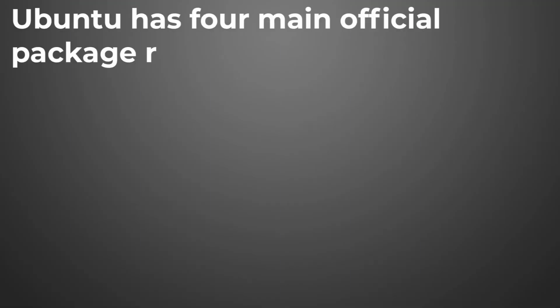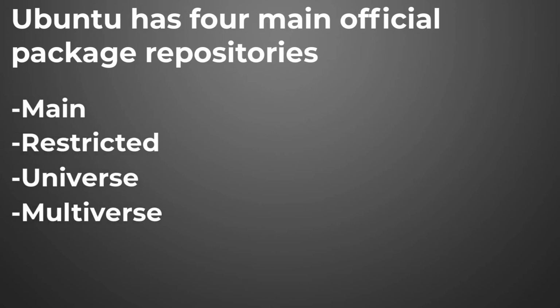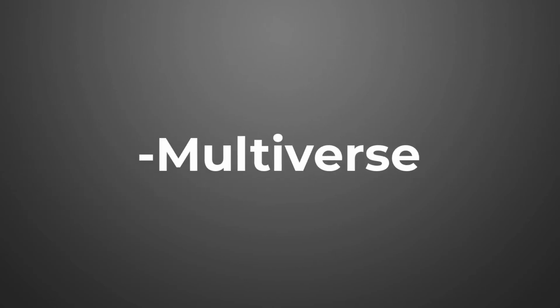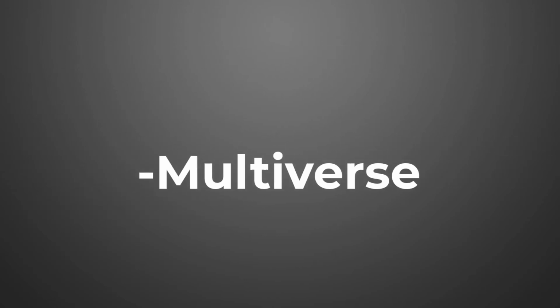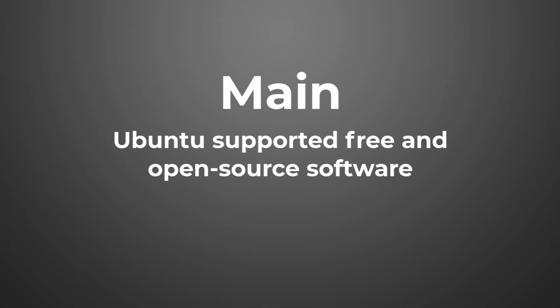And by the way, Ubuntu has 4 main official package repositories, which are main, restricted, universe, and multiverse. So in this particular case, we're downloading from multiverse. And to quickly talk about each of them. The main repository represents Ubuntu's supported free and open source software, meaning any software that is open source and supported by the Ubuntu community, you can find in the main category.